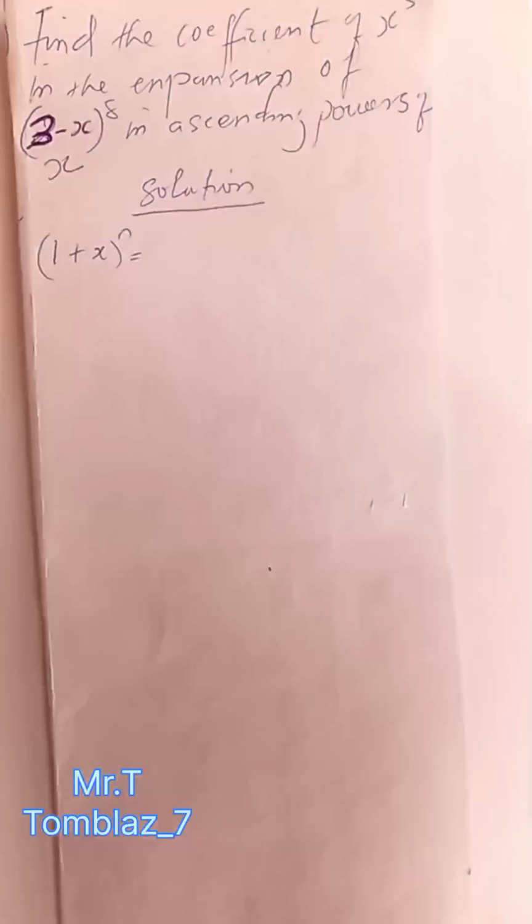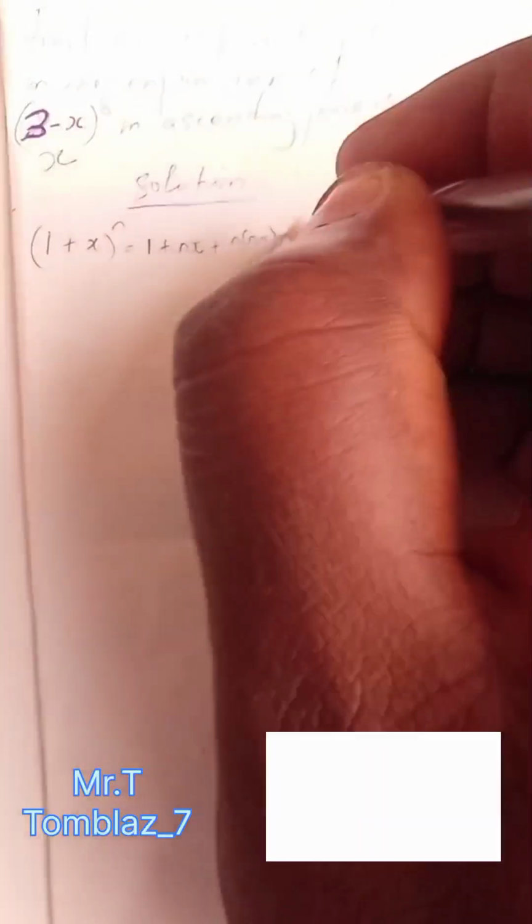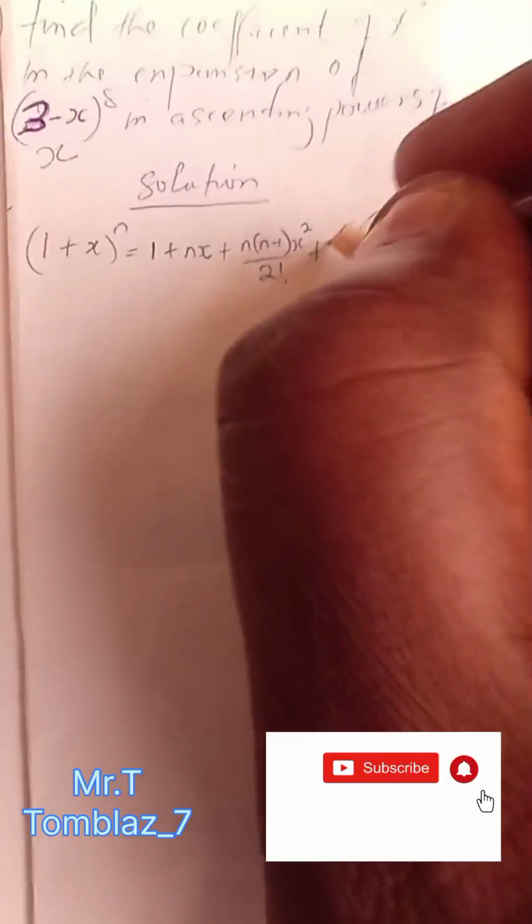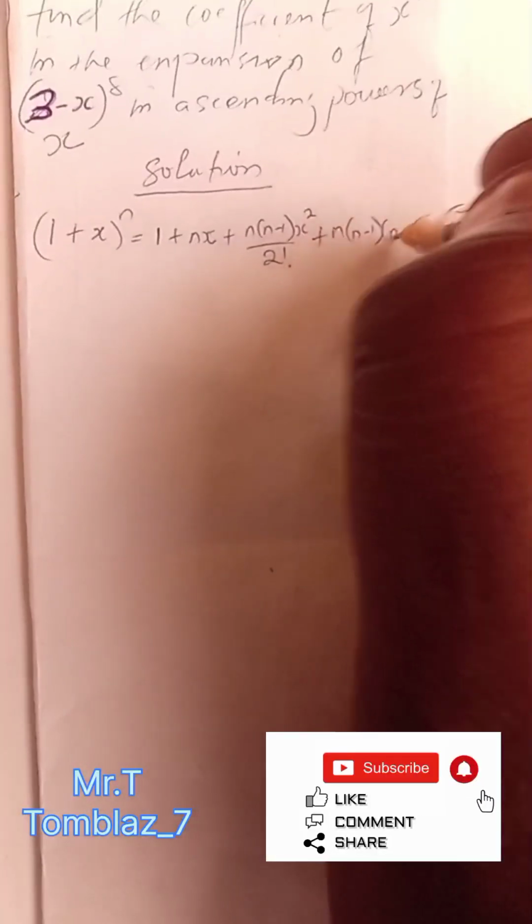Now, using this expansion formula, we have 1 plus nx plus n into n minus 1 x squared all over 2 factorial, then plus n into n minus 1 into n minus 2 x raised to power 3 all over 3 factorial, then plus n into n minus 1 into n minus 2 into n minus 3 x raised to power 4 over 4 factorial.